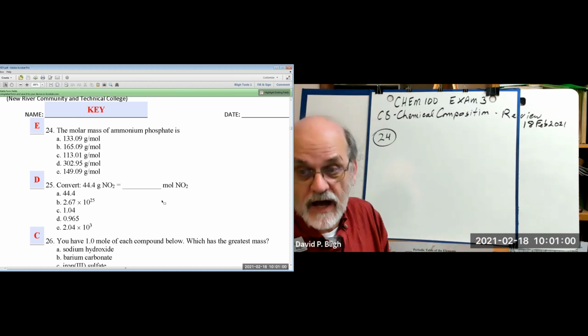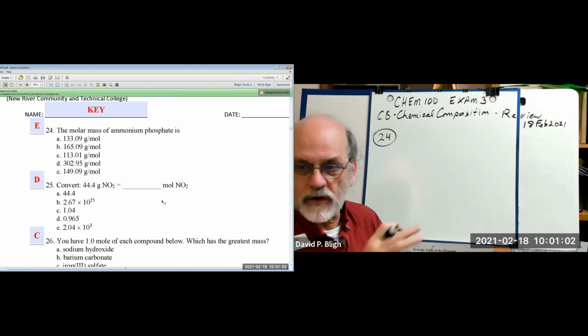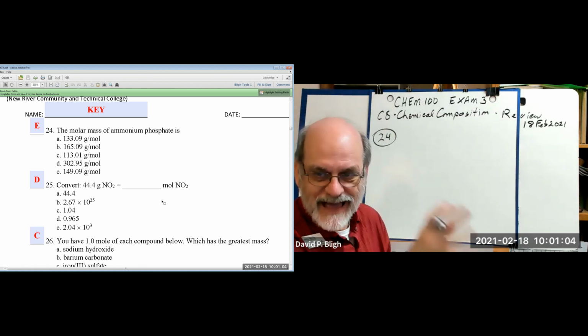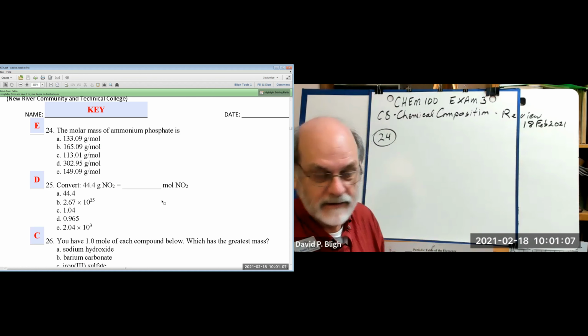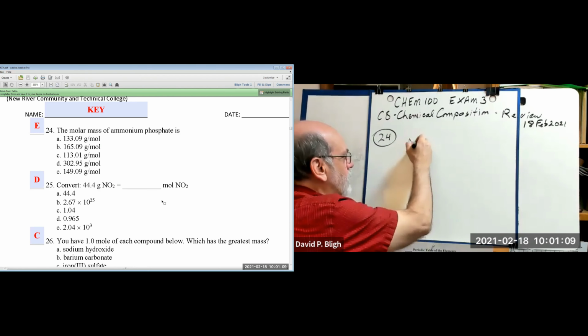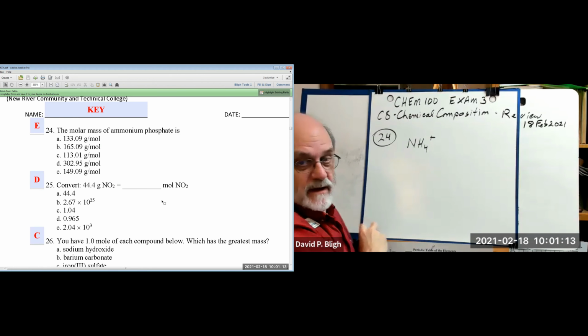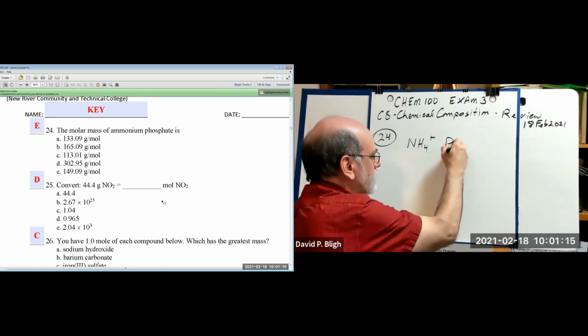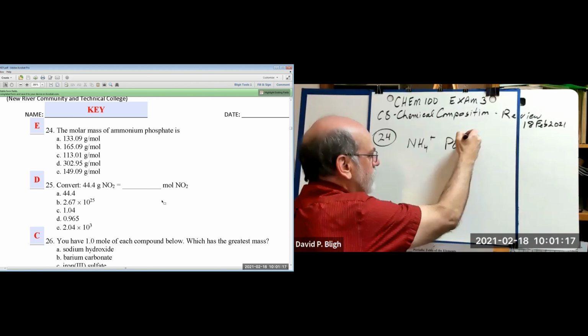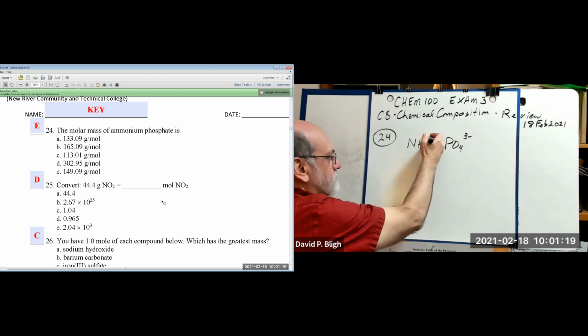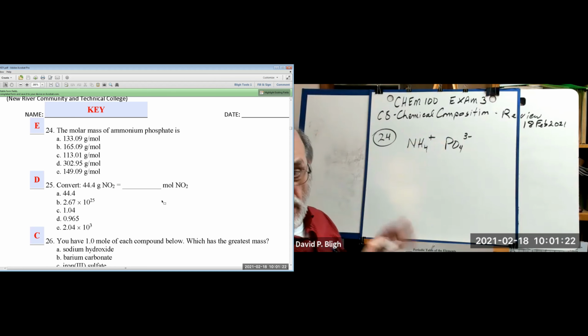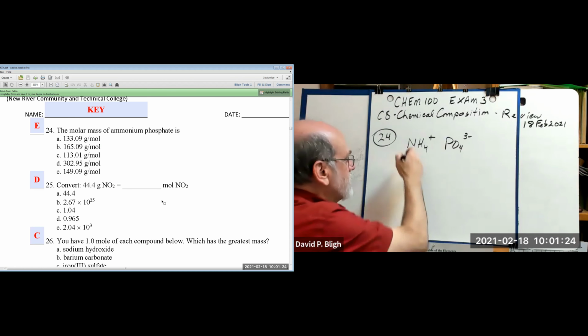So they could be polyatomics too. And this is the one where you have a polyatomic cation and a polyatomic anion. Ammonium is that. And phosphate is that.